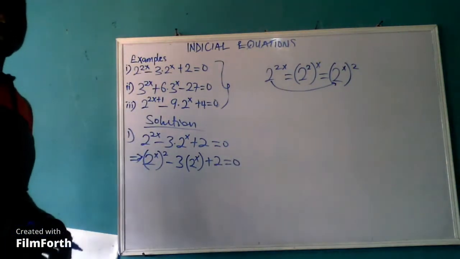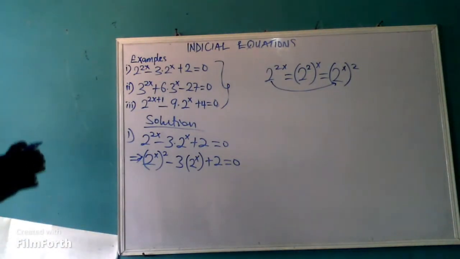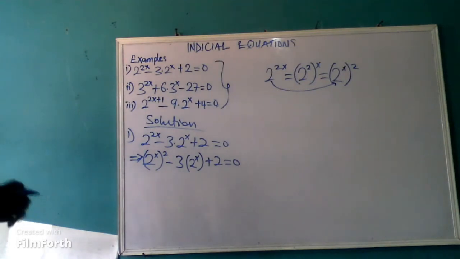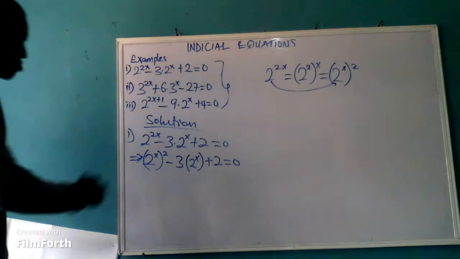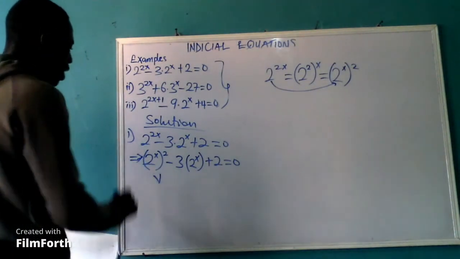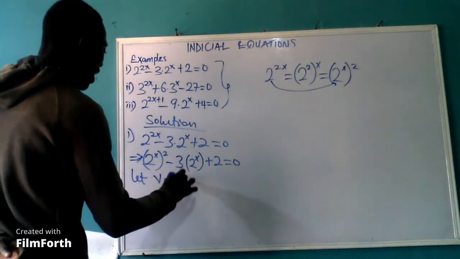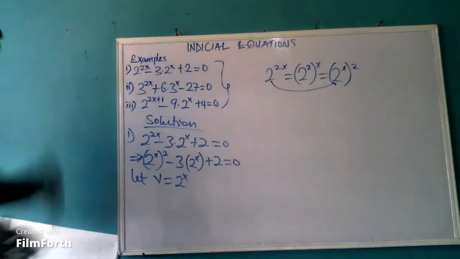Now from here, we can quickly do our transformation by choosing any variable. Let me choose variable v, and we let v be equal to 2 raised to power x in this equation.